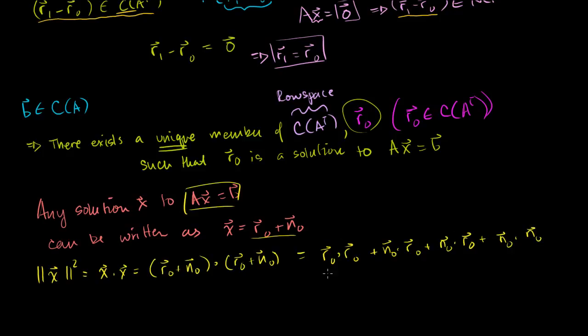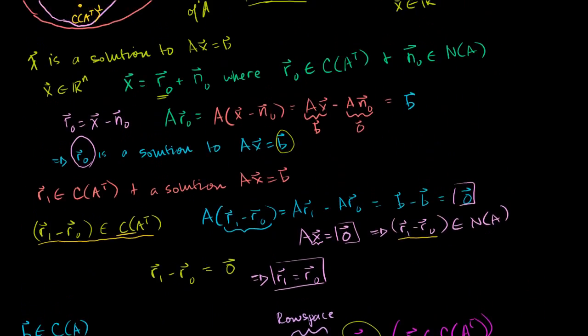I just kind of foiled it out, and we can do that because we know the dot product exhibits the distributive property. So this thing right here is equal to the length of r naught squared. Now, what is n naught dot r naught?